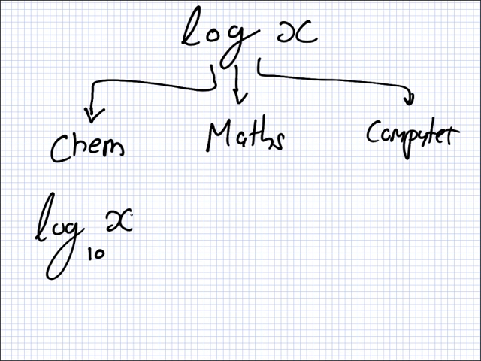And the reason for that, does anyone know? What's it to do with? pH. Yeah. Because for the formula you need log base 10 for pH. In computer class, you would mean base 2, because of the zeros and ones.